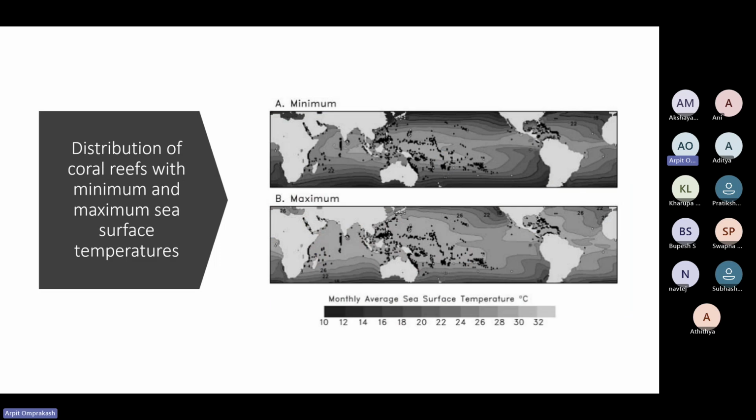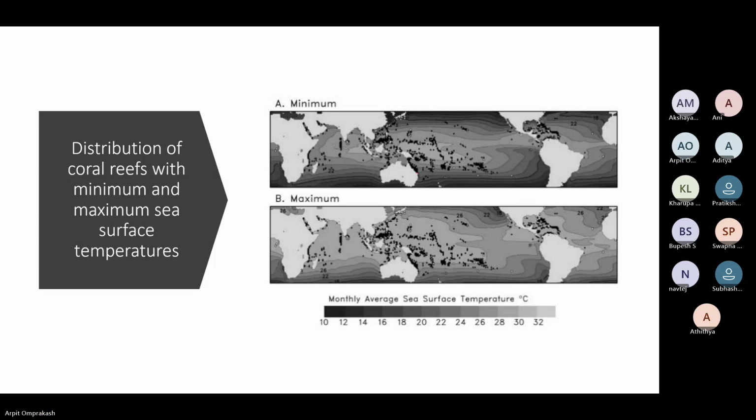And in the same way, we can also try to correlate species occurrence with abiotic factors and see how they affect it. So for example, here we see the minimum and the maximum sea surface temperature, and how coral reefs are distributed.